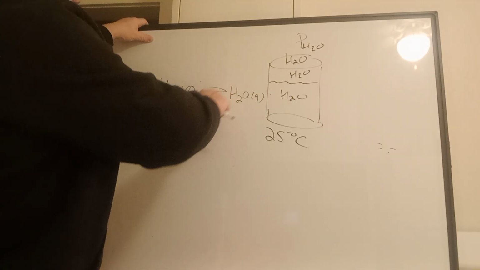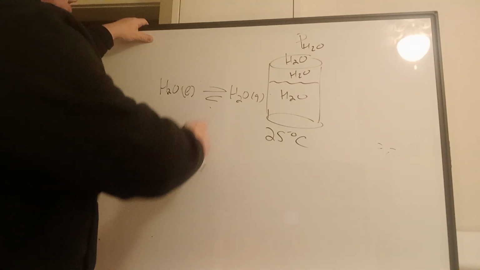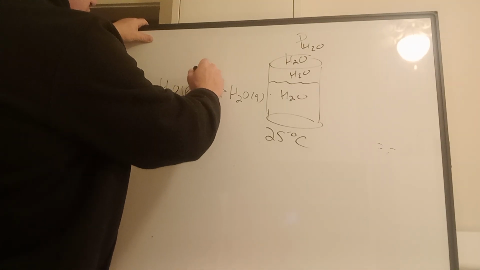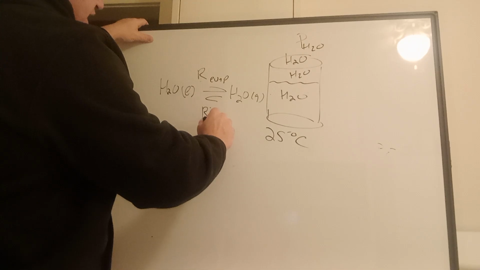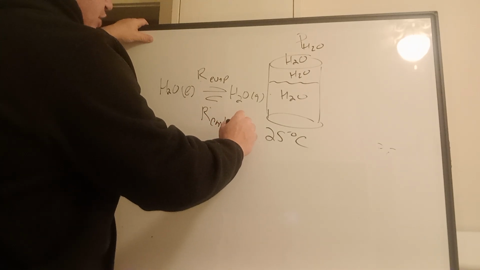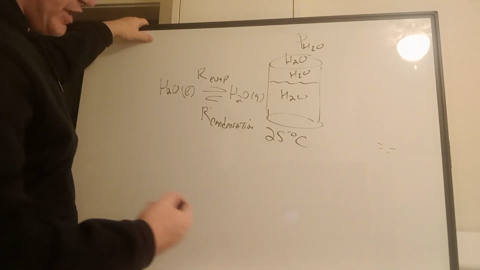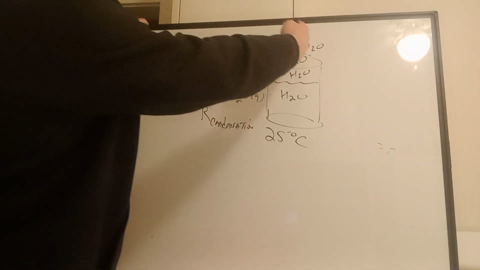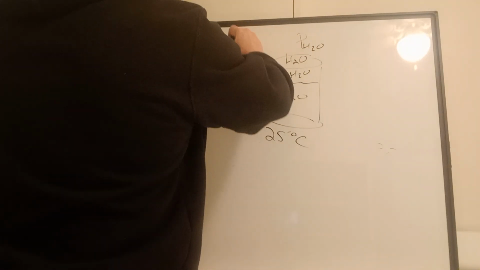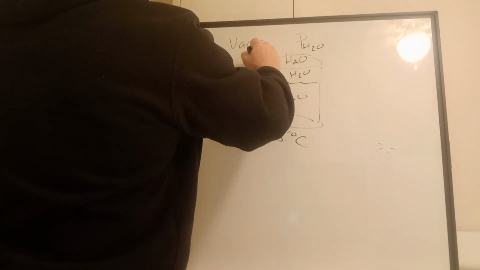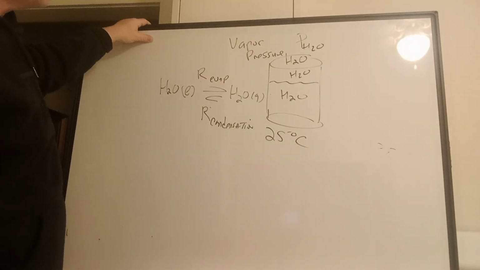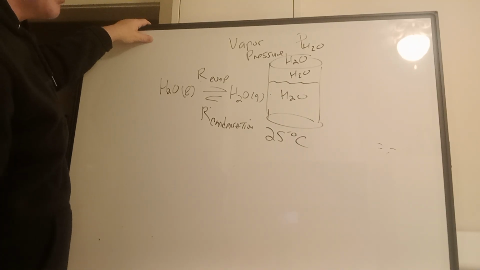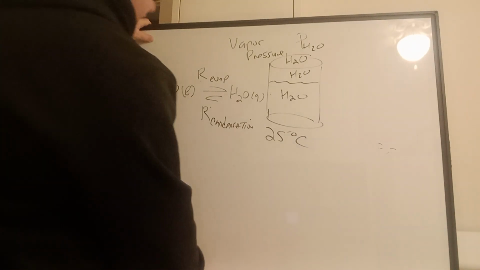The rate going forward, which we call evaporation, and the rate going in reverse, the rate of condensation, will be equal when you're at equilibrium, and the partial pressure exerted by the gas at that point we call the vapor pressure. Some people call it the equilibrium vapor pressure, but I think that's a misnomer because technically the vapor pressure is when you're at equilibrium. You can put it in there if you like, but it's an unnecessary term.